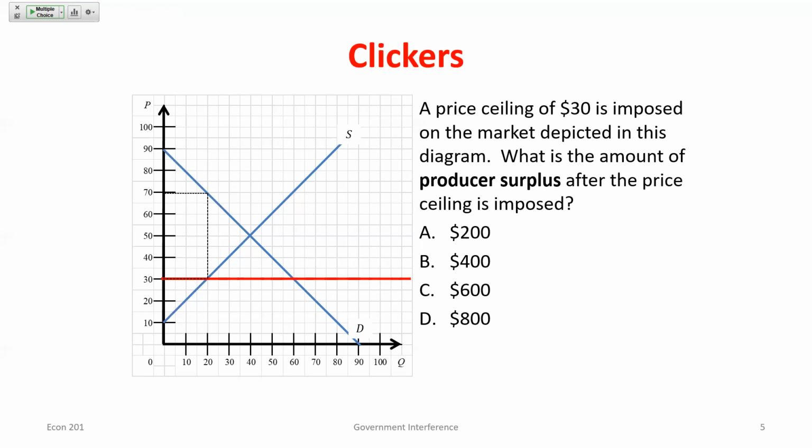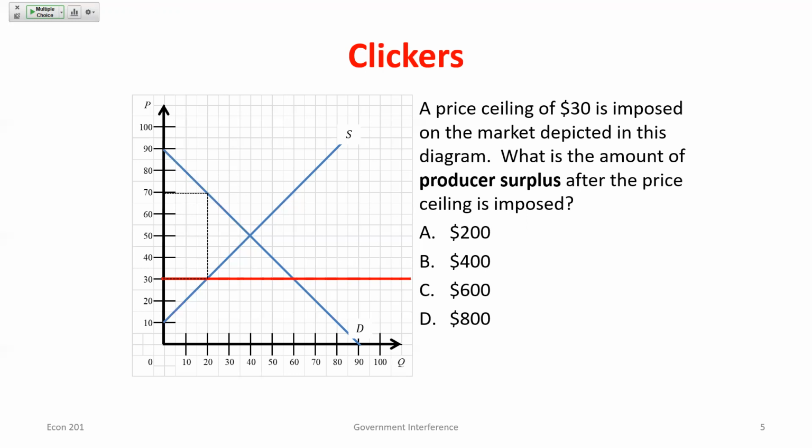And really it's because supply represents marginal costs. So for the producer, the benefit to them is the price, and the costs are represented by that supply curve. So we're really looking for this area right here: the area below that new price ceiling but above the supply curve.